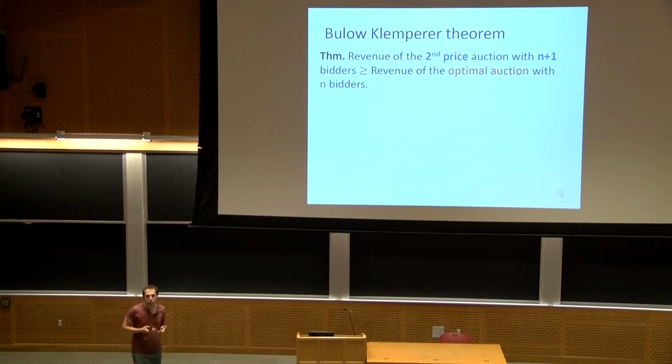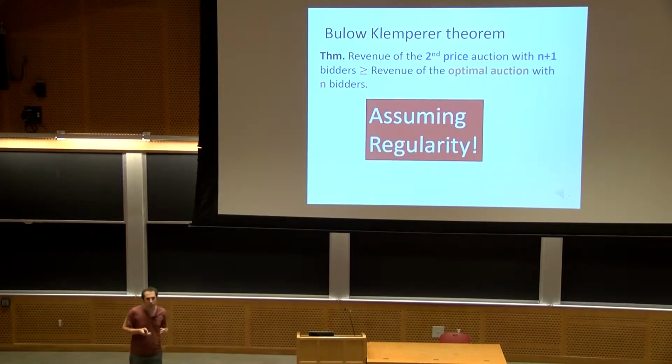But a really elegant solution for this problem was offered by Bulow-Klemperer, which said that we can either try to find out what the underlying distribution is, or just add another bidder, run the VCG mechanism, the second price auction, which is prior independent. We don't need to know the prior, and we get more revenue than the optimal revenue maximization mechanism.